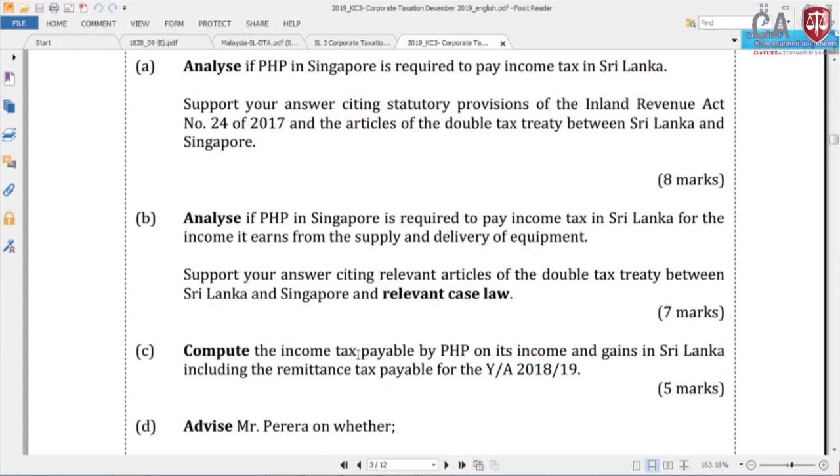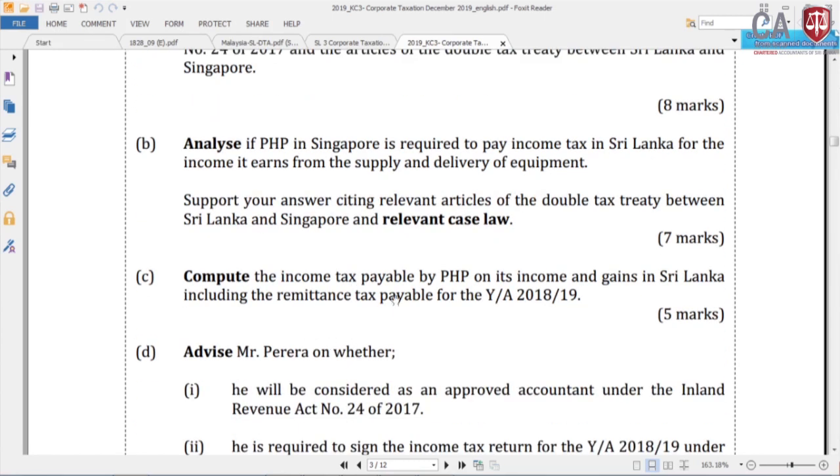And part C, compute the income tax payable by PHP on its income and gains in Sri Lanka, including the remittance tax payable for year of assessment 18-19. We will take it as 2021. Now see, these 2 requirements ask for income tax liability in Sri Lanka, including what?